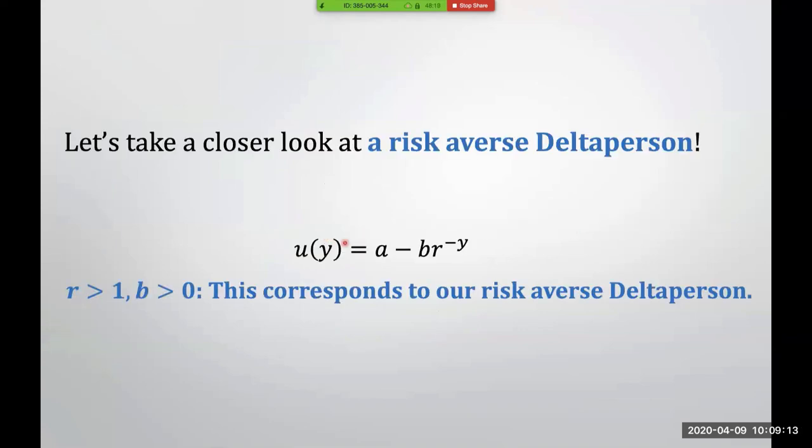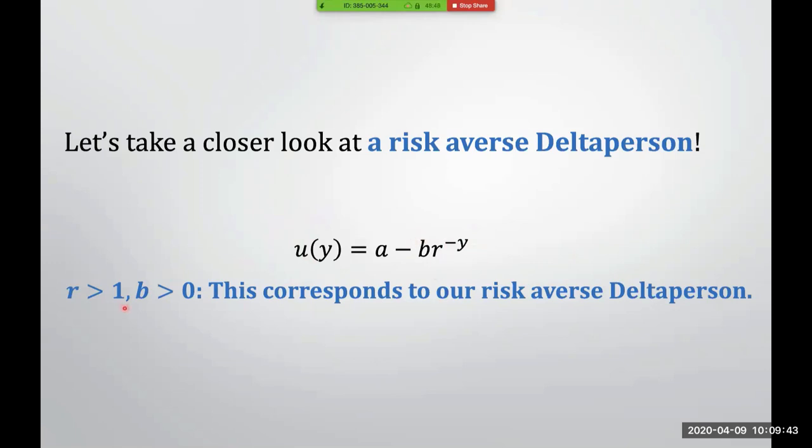So going forward, we're especially interested in the exponential utility function, or any people with an exponential utility function. Specifically, let's start by looking at a risk-averse person whose utility function is like this, meaning we're looking at a risk-averse Delta person who will definitely have a utility function like this.